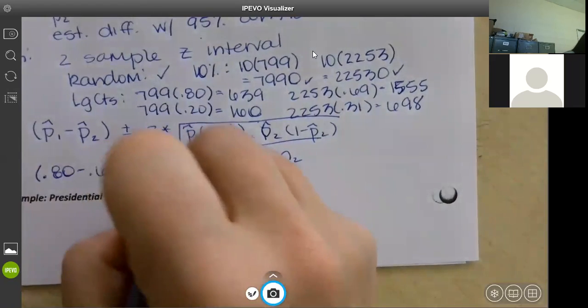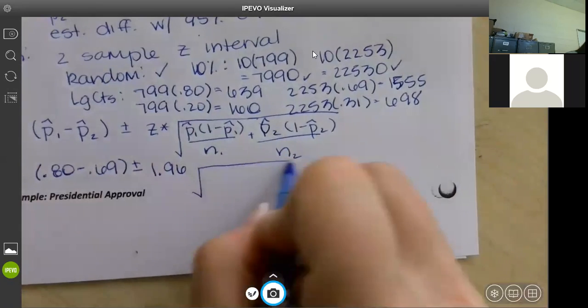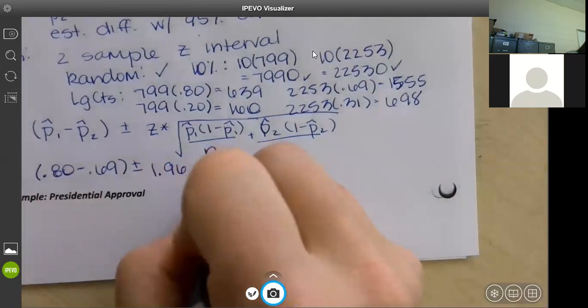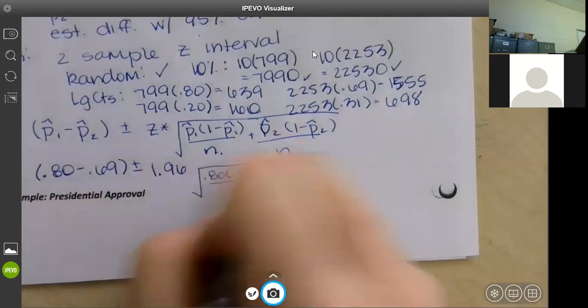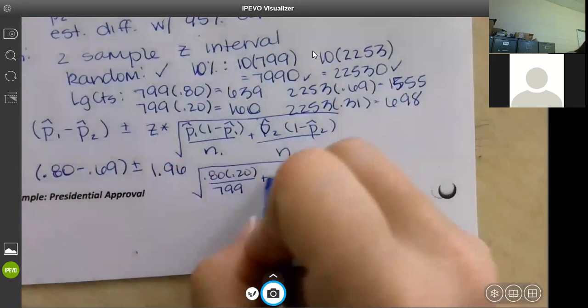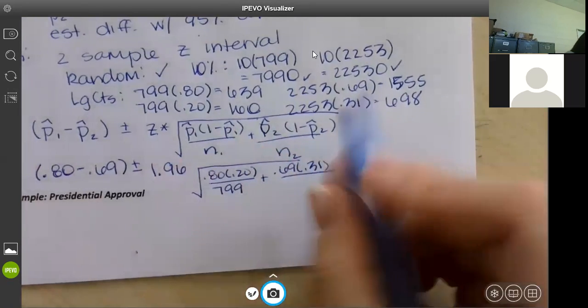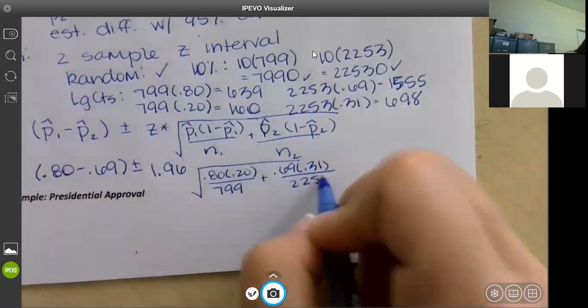Good job. Remember, I told you it's good to remember that because that's typically what they use. And then fill in the rest of the formula. 0.80, 0.20 over 799 plus 0.69 times 0.31 over 2253.